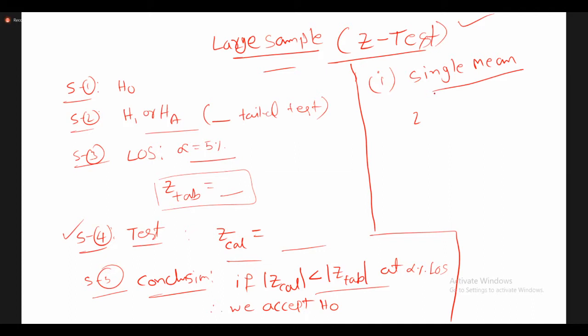Depending on the data, first we have to identify whether the data is related to a single mean or not. If single mean, the Z calculated is X bar minus mu by sigma by root n, or if sigma is not known, we use X bar minus mu by S by root n. And the second one, difference of means, or two means.